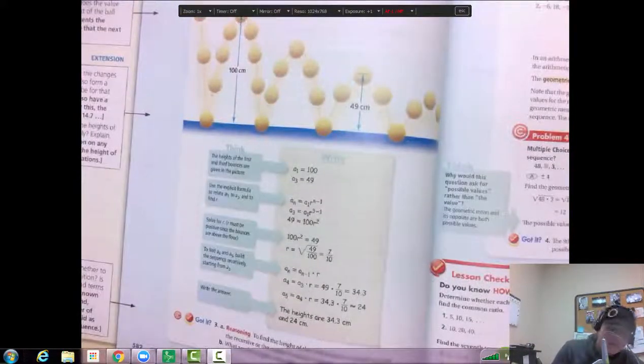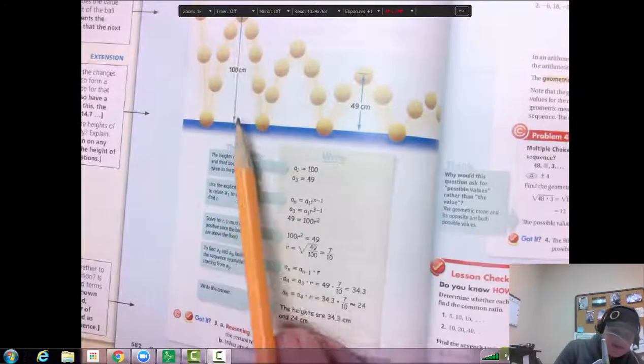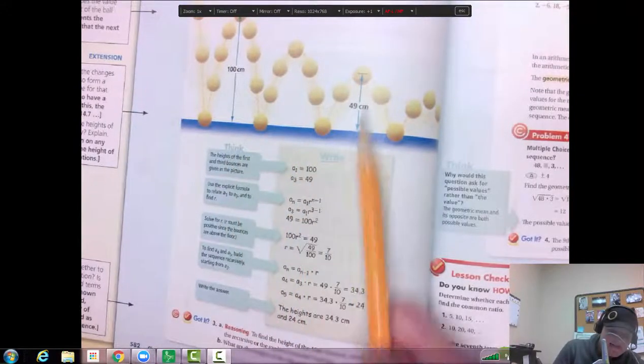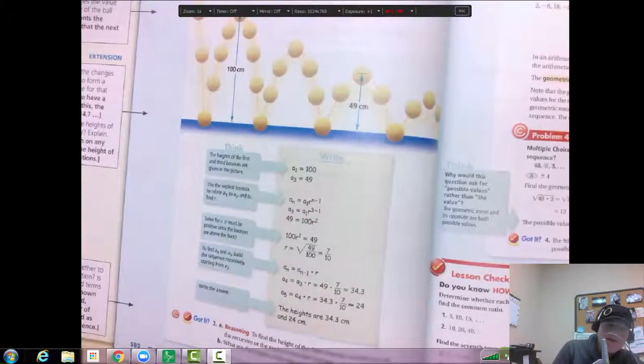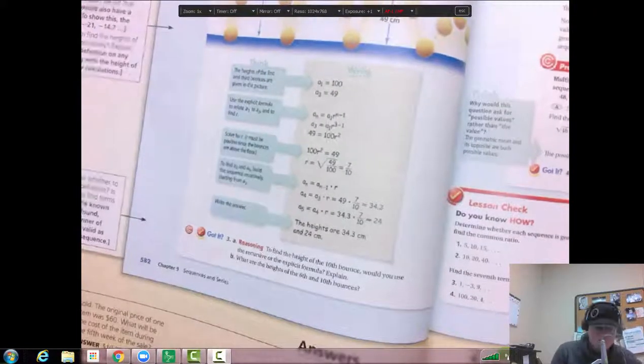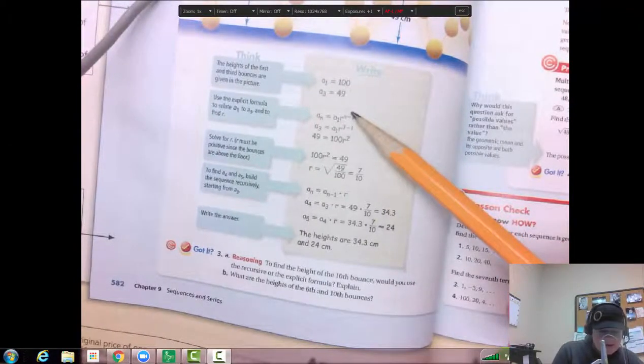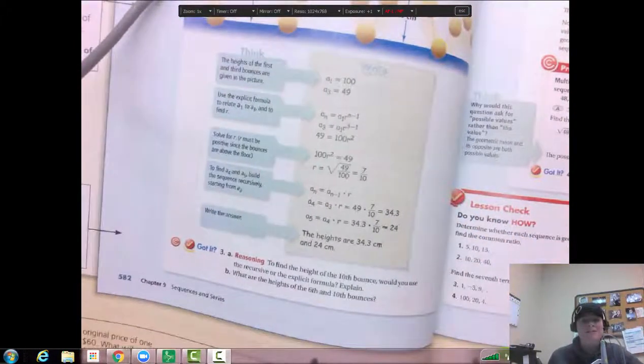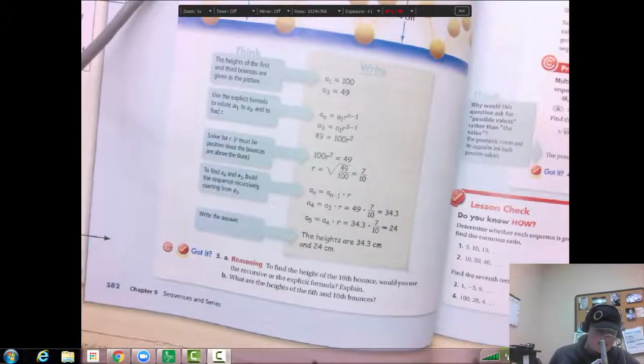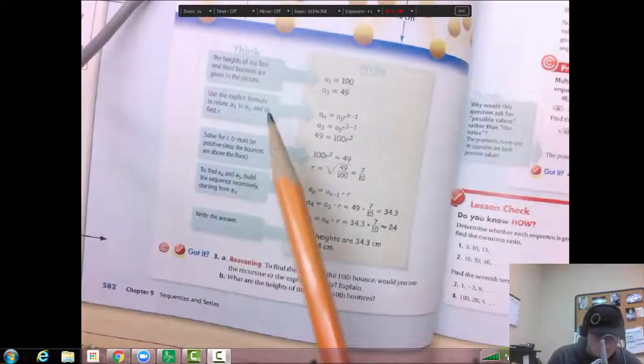They said, what if I gave you the first ball bounce, but not the second, and then I gave you the third? How could we logically work through this problem? The knowledge that we know is the first term is 100, the second term is 49, and they did tell us this is a geometric sequence. So we do know those.